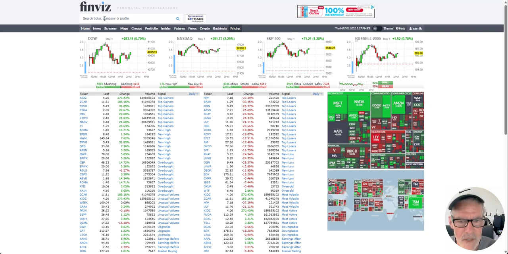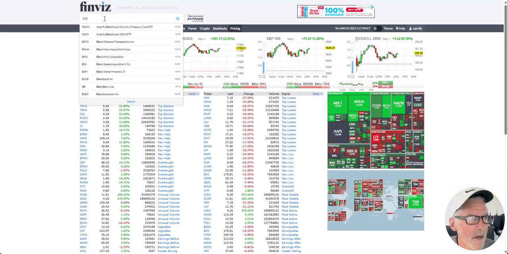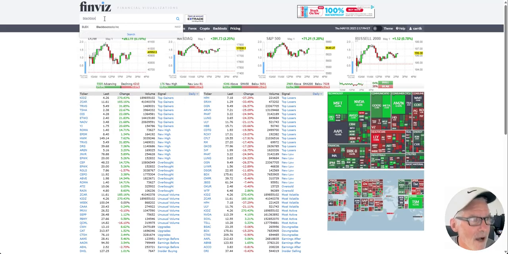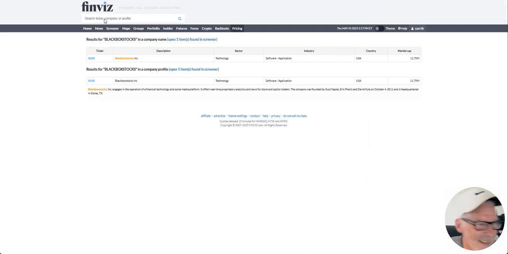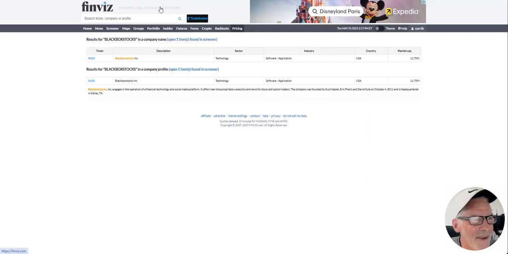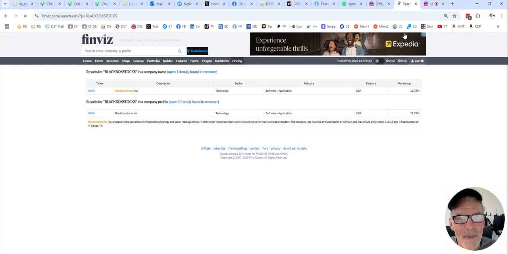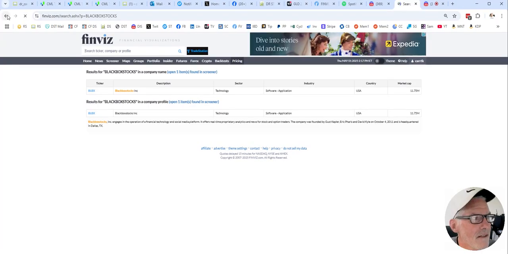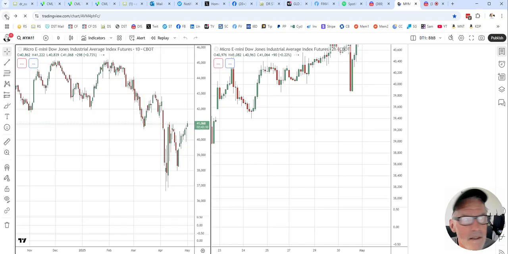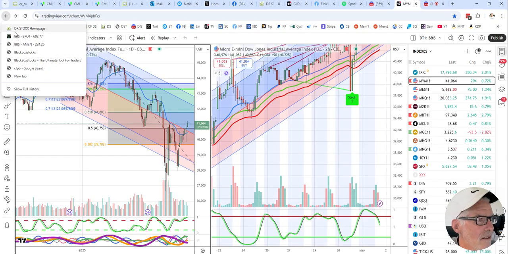You can program them yourself, and it gives you economic data in a heat map and market internals and all kinds of good stuff. Okay, Black Box Stocks. No, I don't want the ticker symbol. Oh, I see what I've done. I was looking at the wrong thing. Let me pull this down. Here we go. Apologies for the delay.